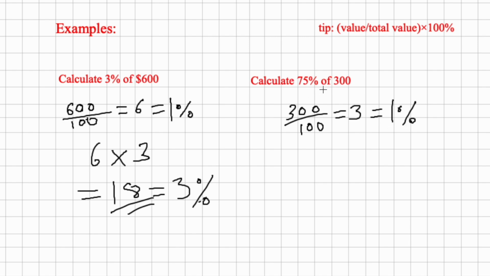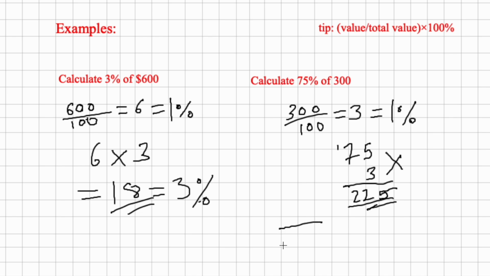In order to find 75, you just times 75 by 3. So if we do this, 5 times 3, 15, remainder 1, 7 times 3, 21, add 1, 22.